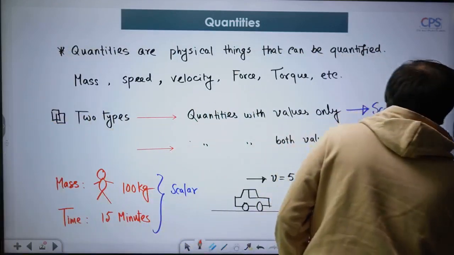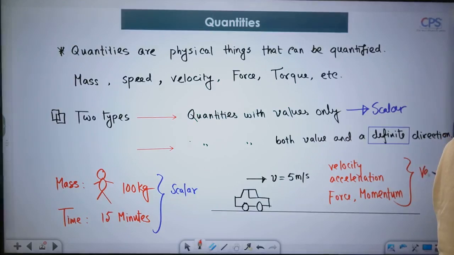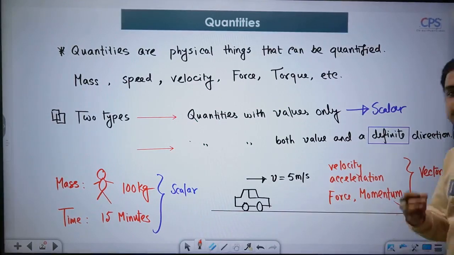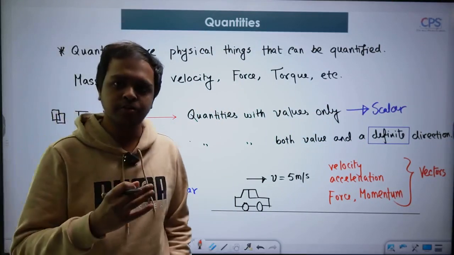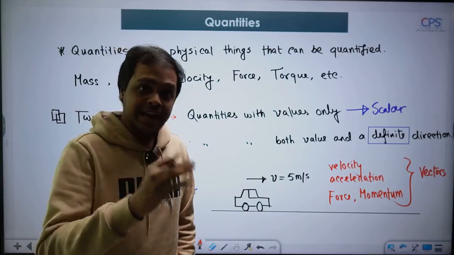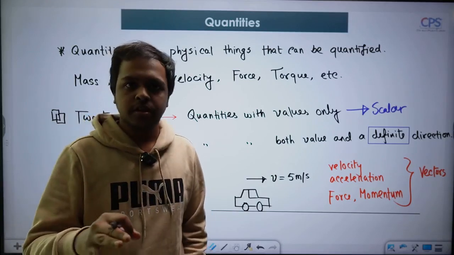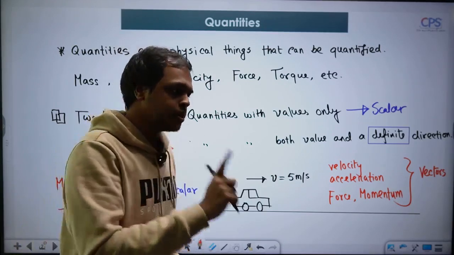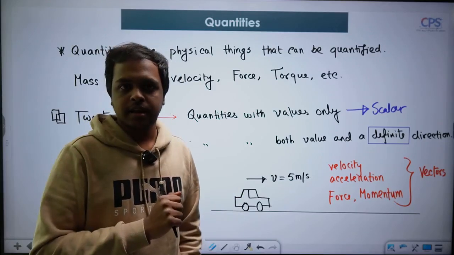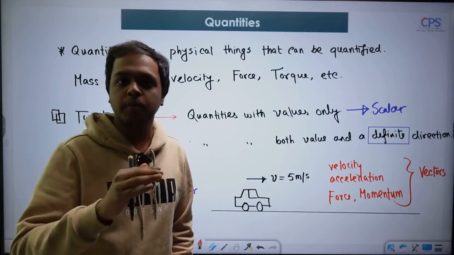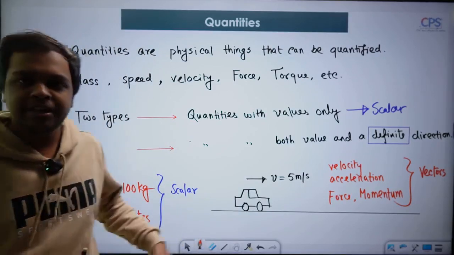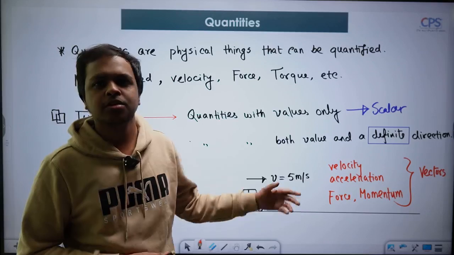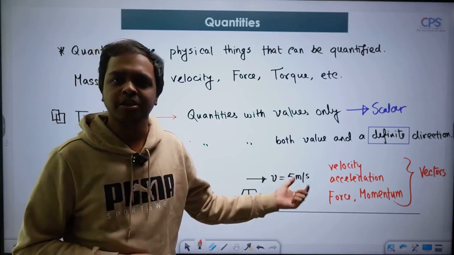So these are called vectors, things with both value and a definite direction. Just remember one thing: if you don't give a vector quantity both a value and a direction, it can't be a vector. A direction has to go with it always, and if not, that's not a proper vector. If you think these are tough things, don't worry, let's make things easier.